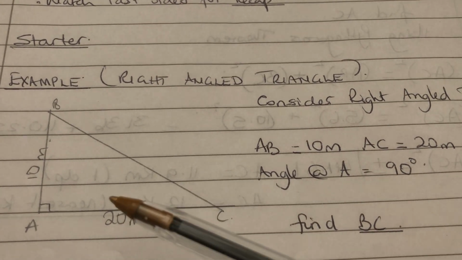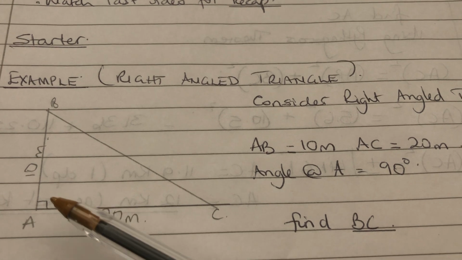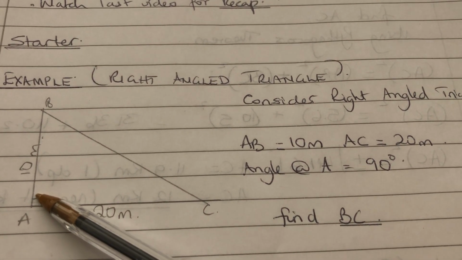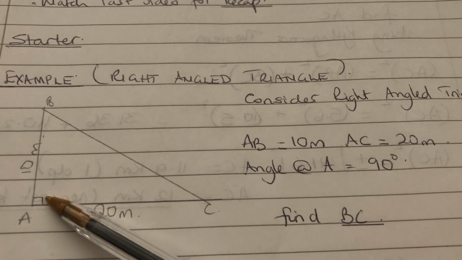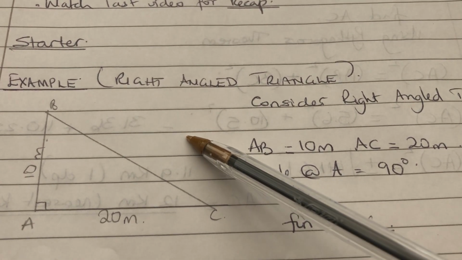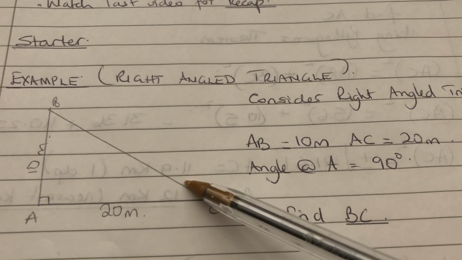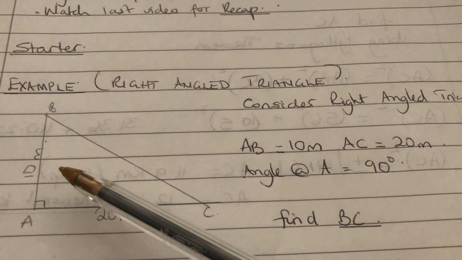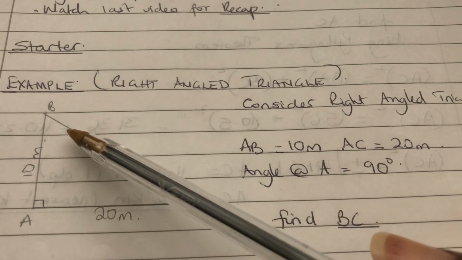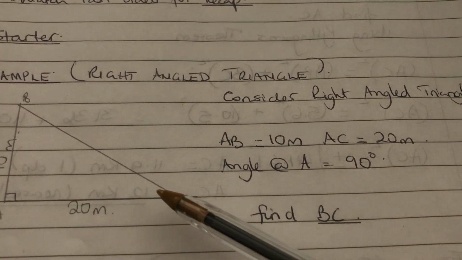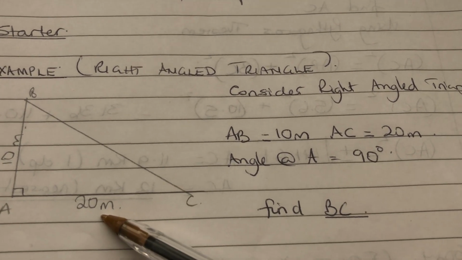Now immediately you have a right angle triangle and one angle is 90 degrees, you have to first think about Pythagoras if you are finding length. So basically AB here is 10 meters, AC here is 20 meters.